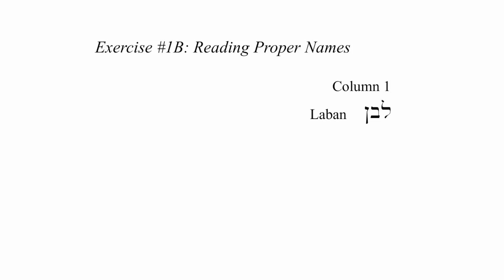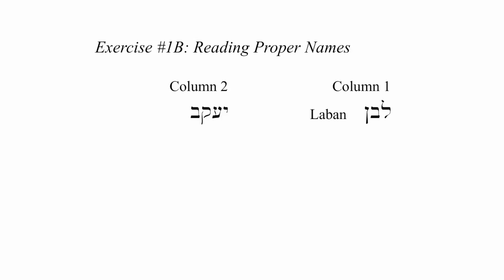At the top of the second column, you see an example with the letters Yod, Ayin, Kof, Beit. The Ayin is a letter that you're not going to hear. It is going to be a transition in sound between one vowel and the next. The Beit at the end, again, does not have a Begad Kafat dot in it.